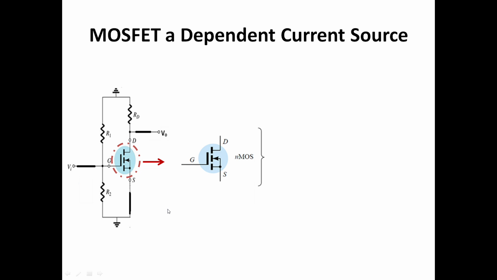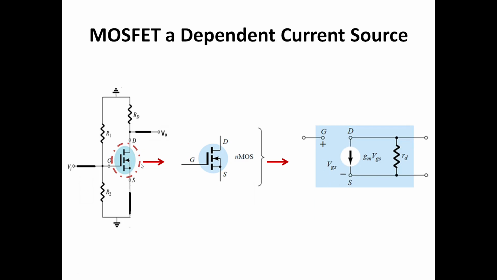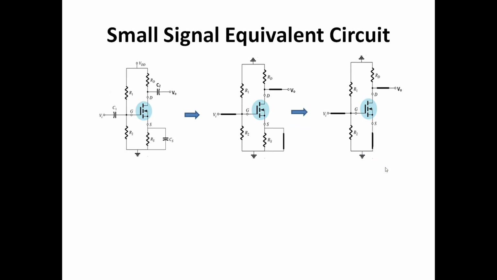So here we can remove this MOSFET and replace it with a dependent current source and a parallel resistor rd. The value of rd is very high, so we can make a small signal equivalent circuit of this circuit.